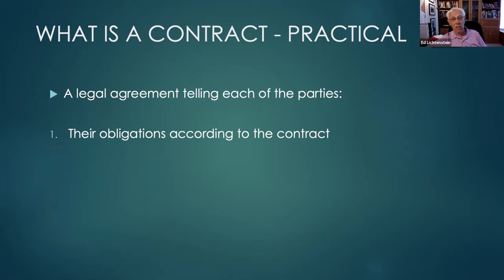And that's an important distinction. It's not what you think your obligations are. It's not what you think the party you're contracting is going to do. The contract describes the obligations each of you are assuming, whether it's the obligation to pay or whether it's an obligation to perform.